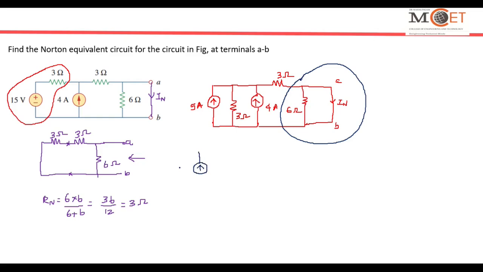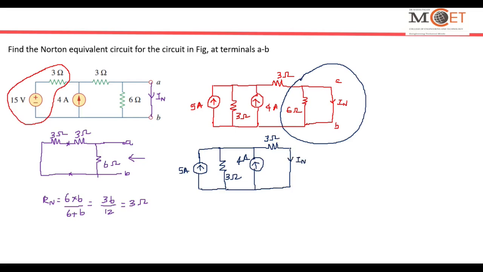So this is 5 amps and 3 ohms, a 4 amps. So this is shorted. So this is 3 ohms and this is what I call IN.